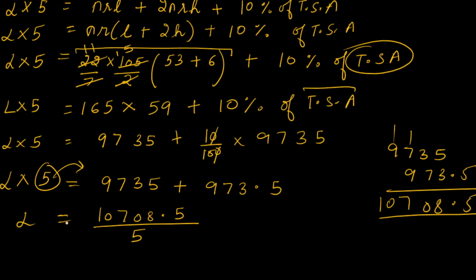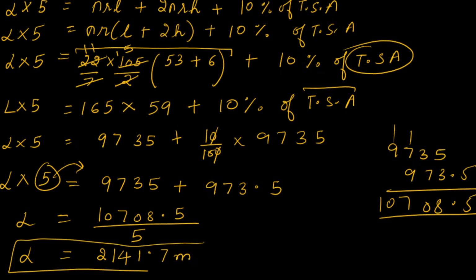Yes, 10,700.5. So this 5 we are shifting from the left side to the right side, it will get divided. So divide it and tell me the answer. 2141.7 meter. Okay, so we found the length.